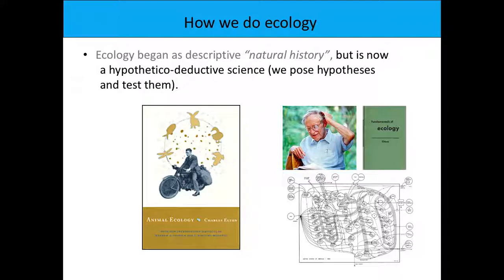But modern ecology, what we're doing now in ecology, is taking that broad descriptive base and trying to tease it apart and understand the mechanisms behind it. Why do we see a massive biodiversity in tropical rainforests?